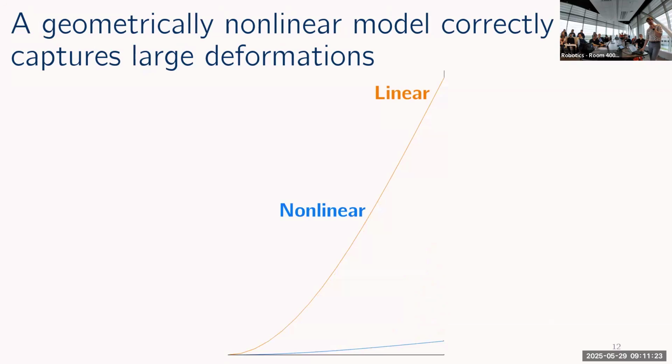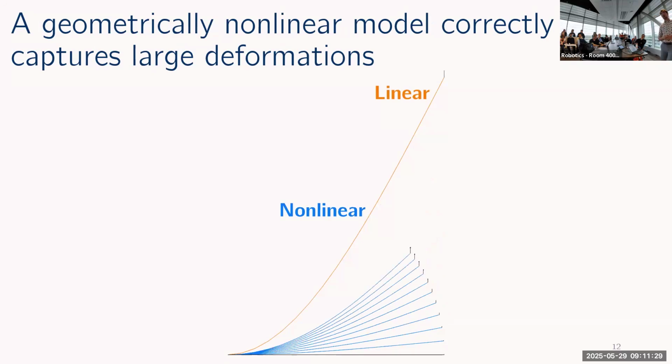So what I need to do instead is use what's called a geometrically nonlinear structural model. If I simulate the same case with this, we see the behavior we'd expect, where the beam maintains its length and bends inward as it bends up.